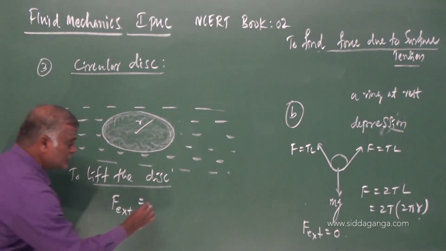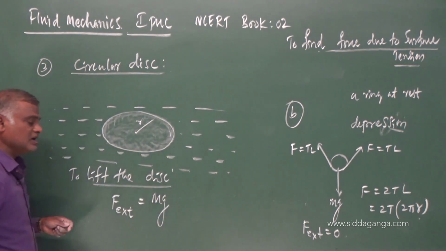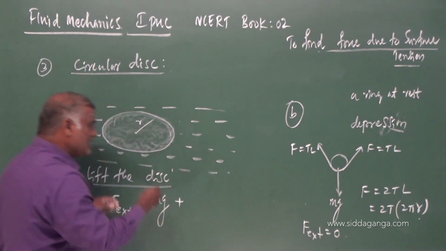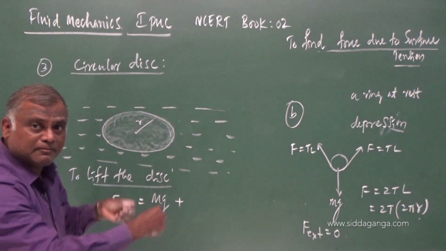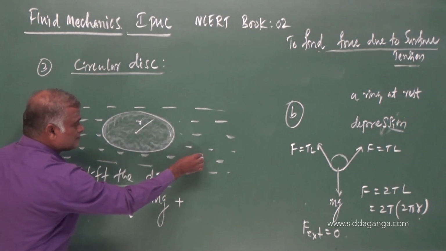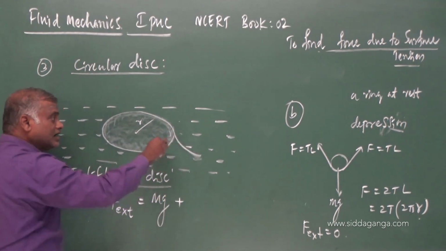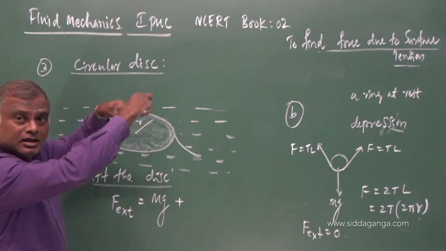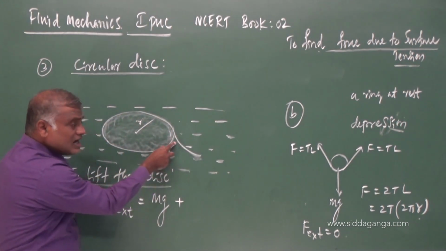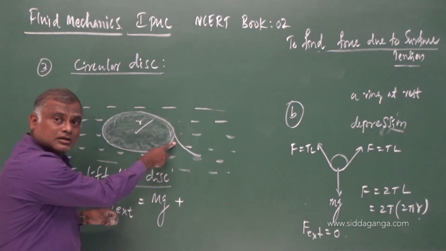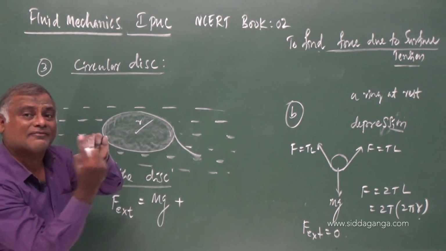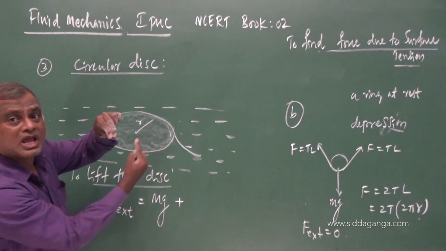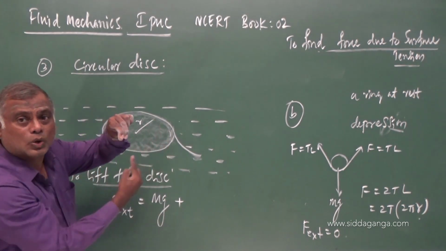That external force should balance the weight, plus when it is lifted up, all the liquid particles will come along with this. When the disc is lifted up, liquid is in contact with the disc only on one surface, only on the outer surface.